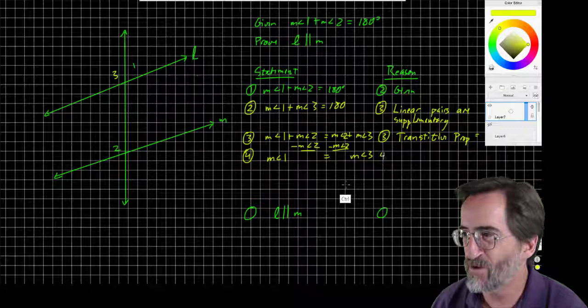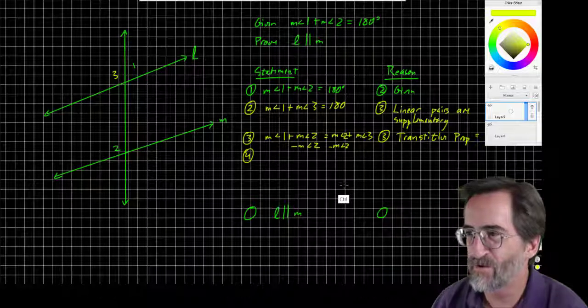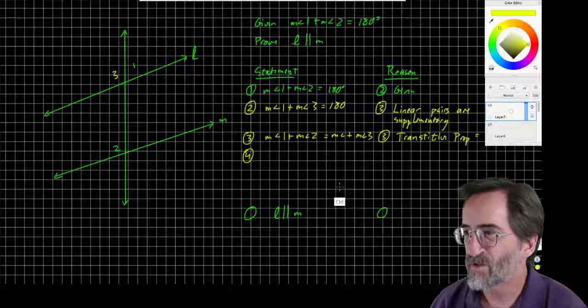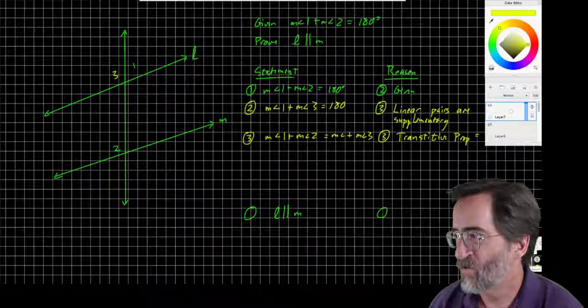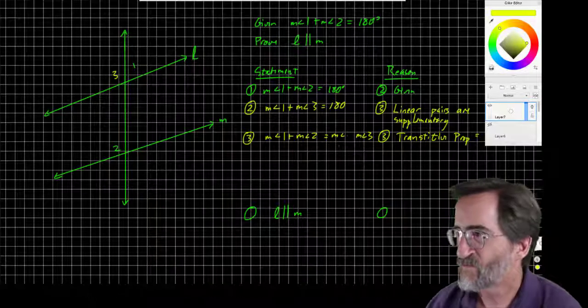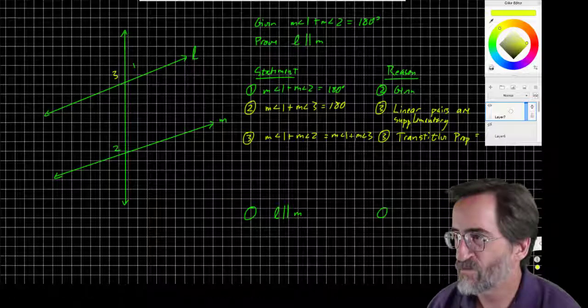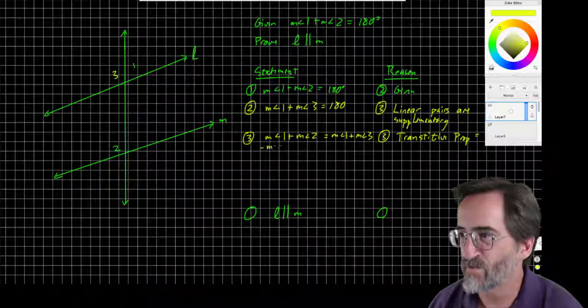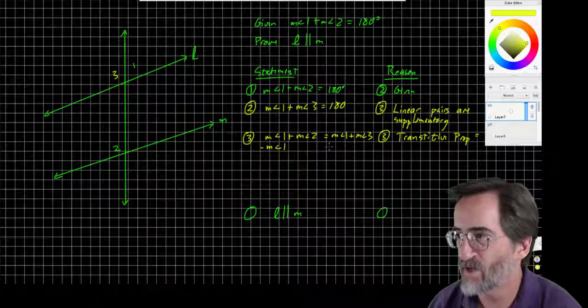Back it up. All right, that's annoying. I'll stop. It was 1 plus 3. Okay, measure angle 1 plus measure angle 3. So what I wanted to do is subtract 1 from both sides.